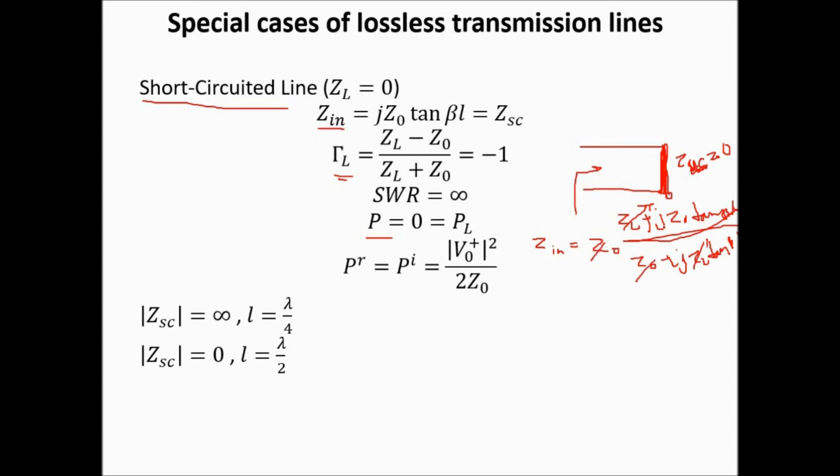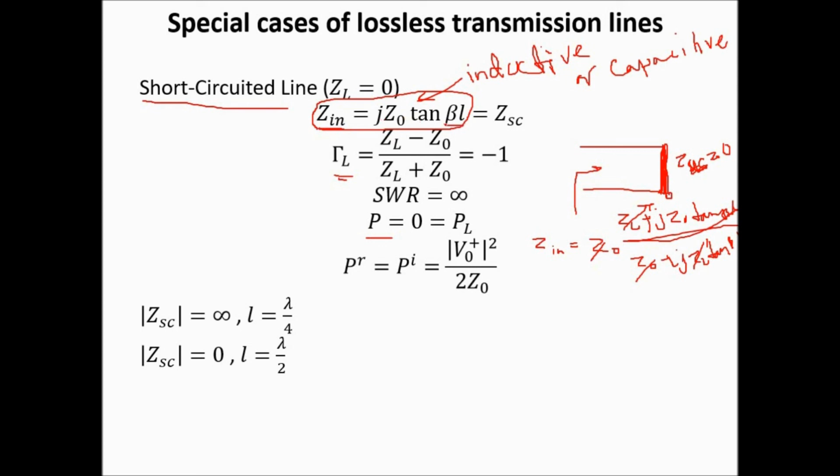So you'll get input impedance equal to Z naught tan beta L. This is very interesting. The impedance has only an imaginary part, so it could be inductive or capacitive.